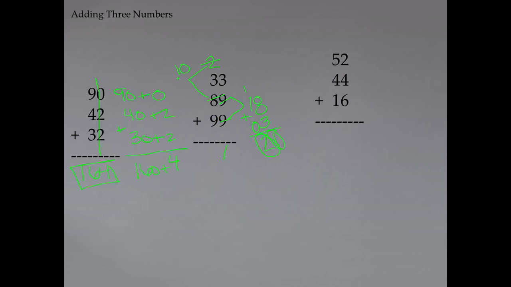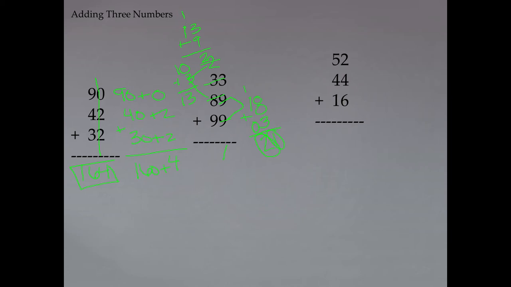10 plus 3, which I know is 13. So I need to make sure I've crossed out that 3 because I've used that 3. So all I have left is my 9. So I have 13 plus 9. 3 plus 9 is 12, which means I have 2 ones and 1 ten.